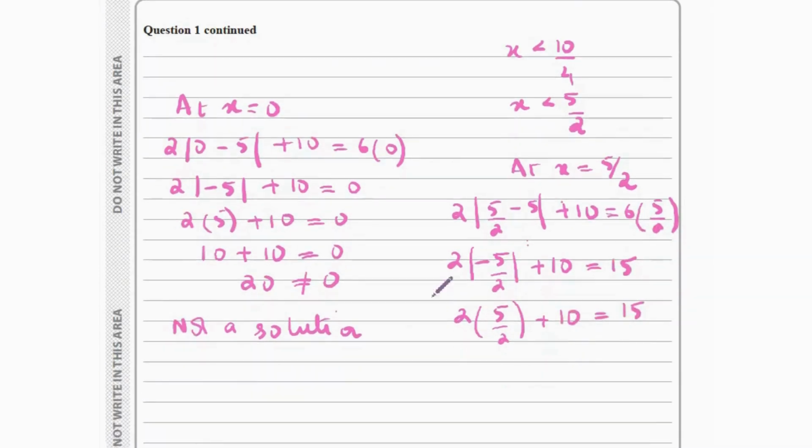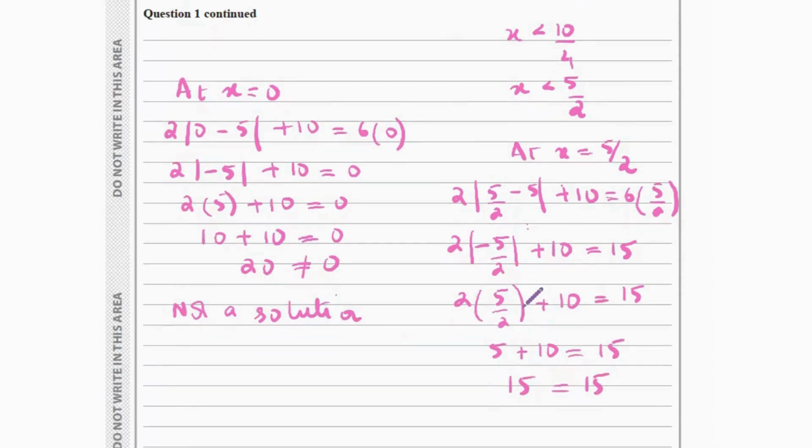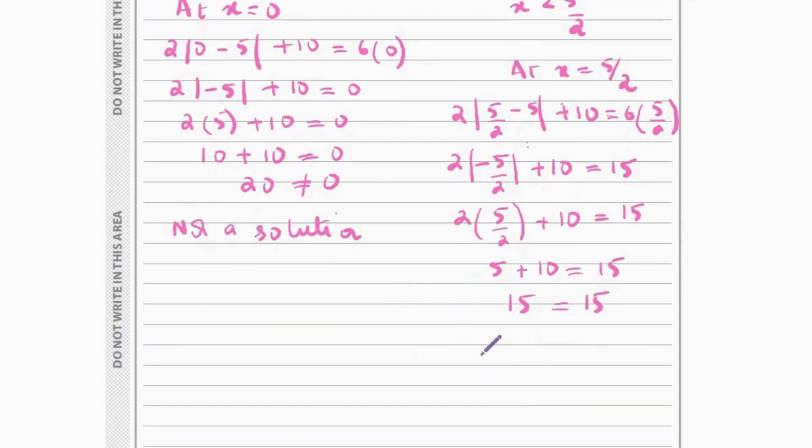That's going to give us 5 plus 10 equals 15. That's 15 equals 15. Both sides are equal, which means it is a solution. So your answer is going to be x is less than 5 over 2. That's your final answer for part B.